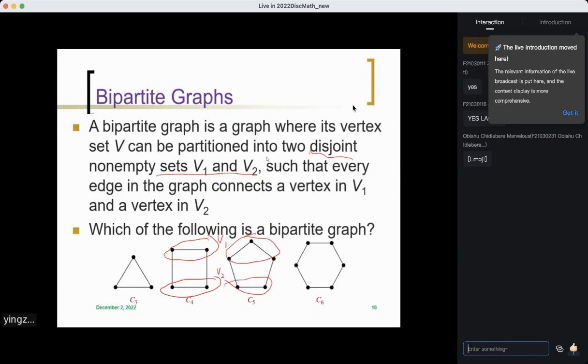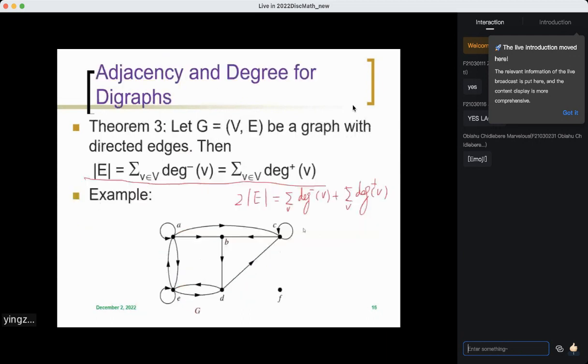Okay, we continue to talk about our graph. Earlier in this session, we talked about some more concepts for the undirected graph and the directed graph. We have adjacency and we have degree, these two basic concepts.